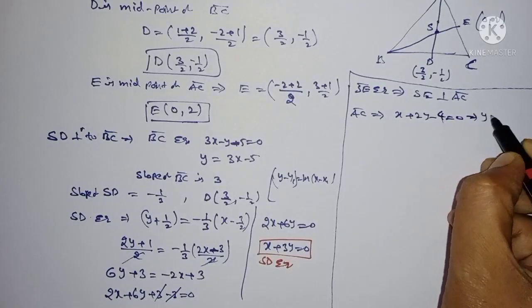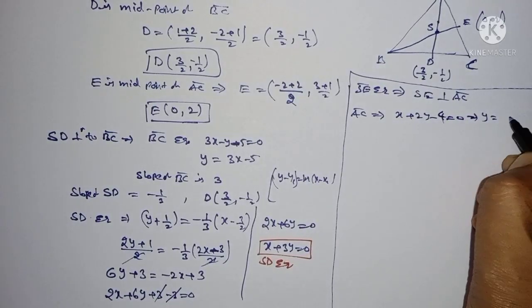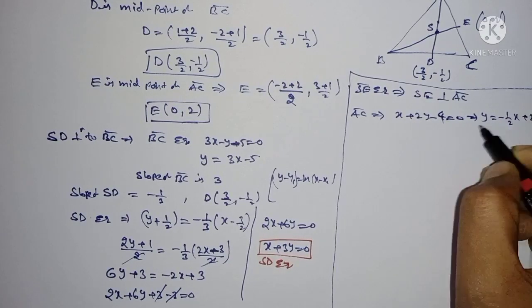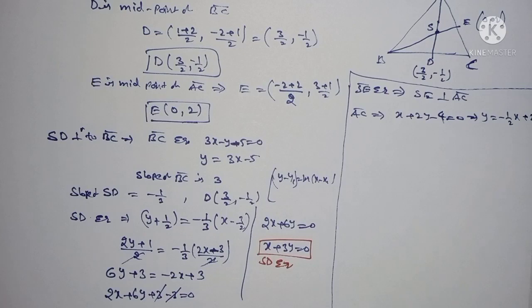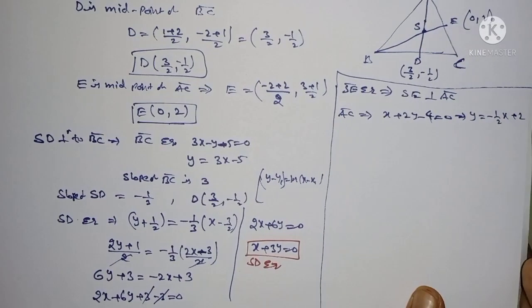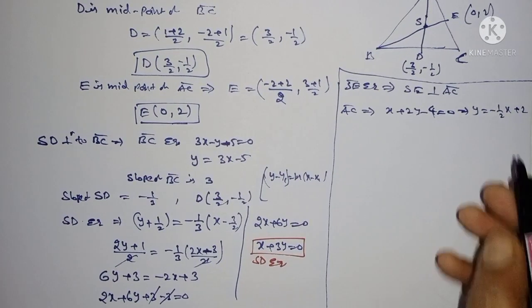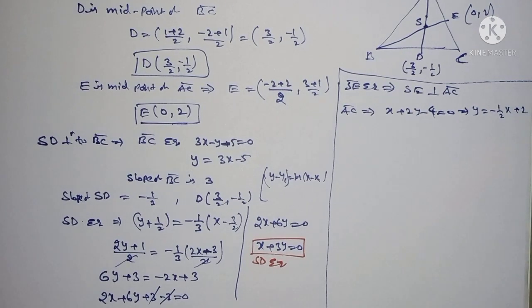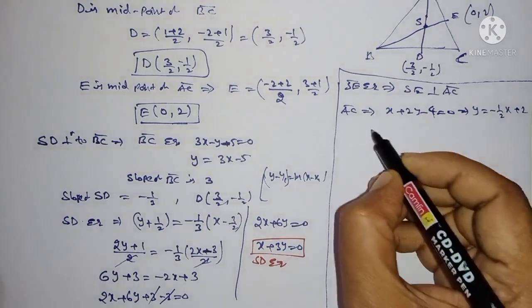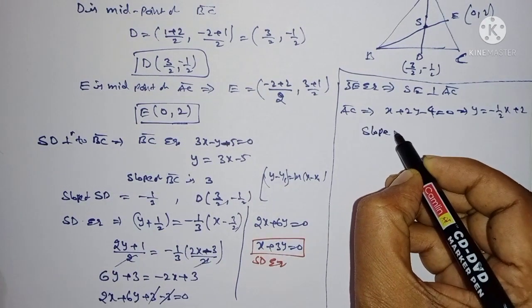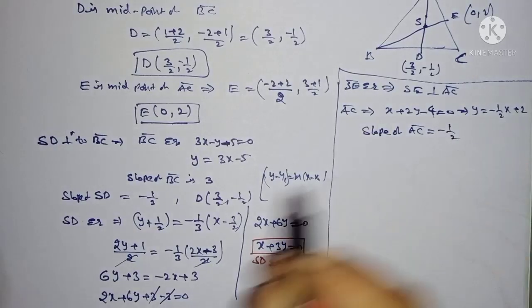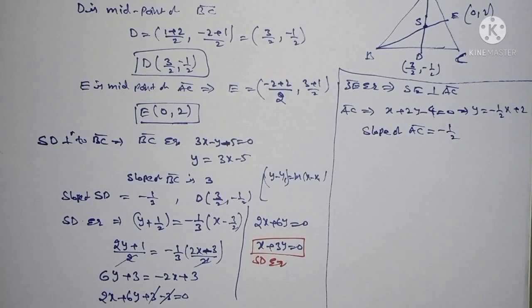That can be written as y is equal to minus 1 by 2 x plus 2. You can simplify in the form of y is equal to mx plus c. Then, here slope of AC is equal to minus 1 by 2.